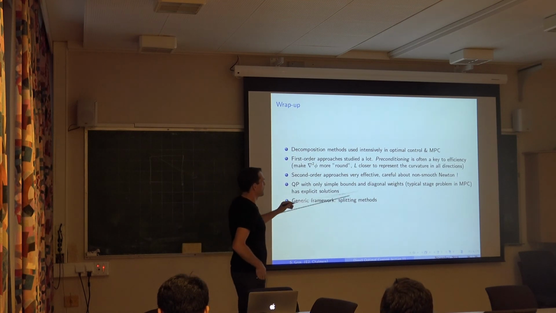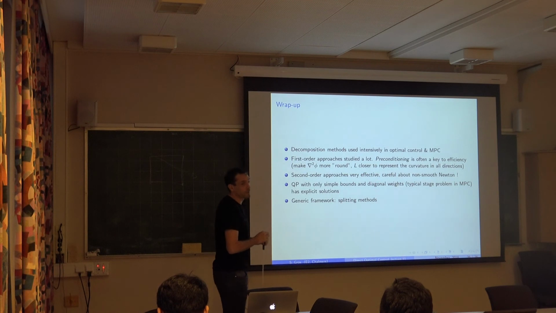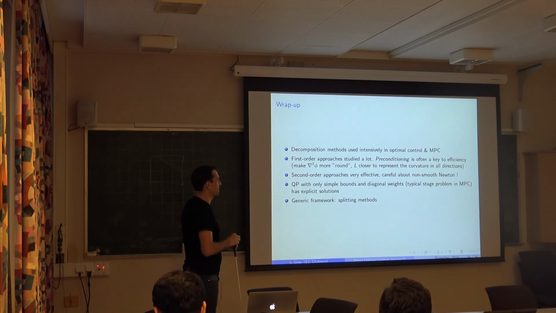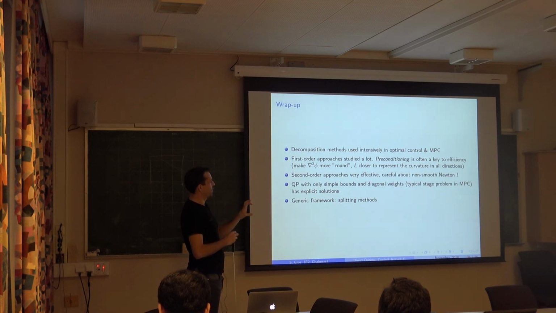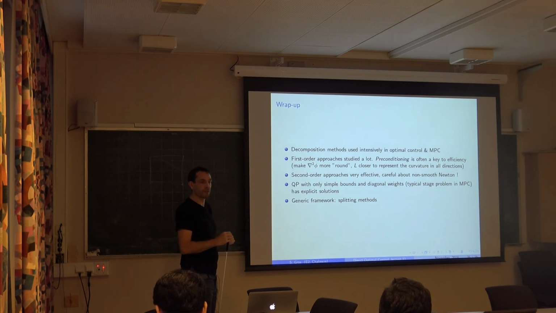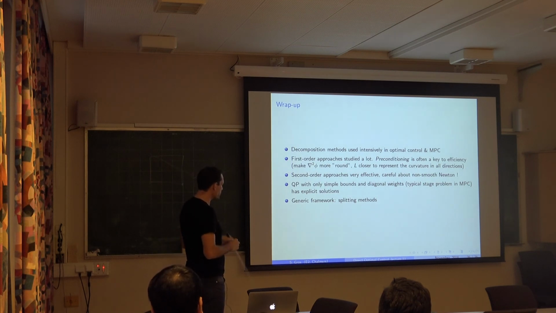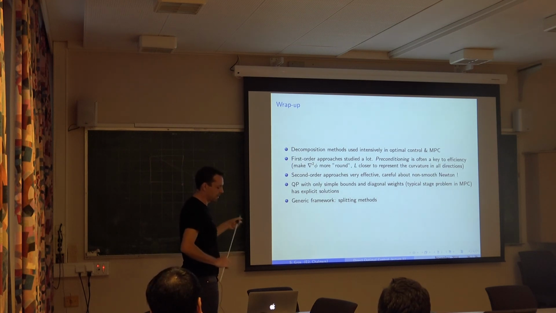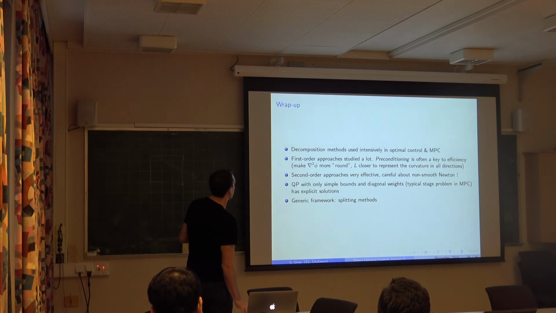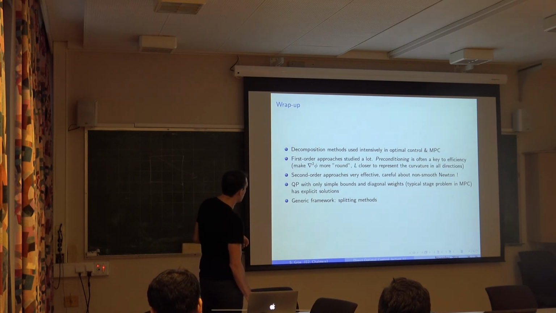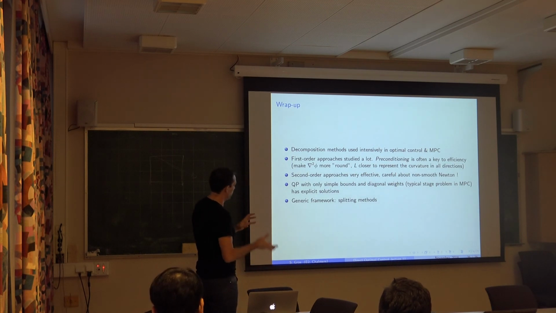And if you have a diagonal weight on your states and inputs, then you can make that extremely simple. So if you can fit your problem in that context, then it's golden. You should use it. And the splitting method is a generic way of thinking about all these first order splits that we have looked at, and all these proximal gradient methods.